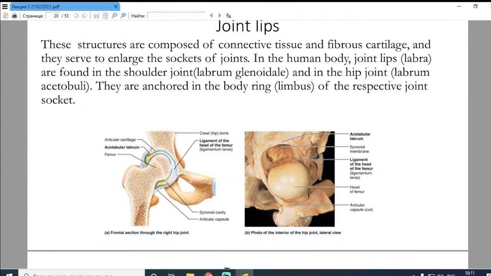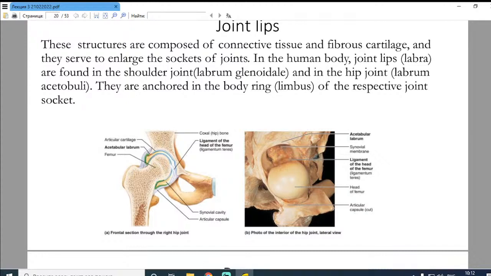In the human body, labra are found in the shoulder joint, labrum glenoidale, and in the hip joint, labrum acetabulare. They are anchored in the bony ring, limbus, of the respective joint socket.